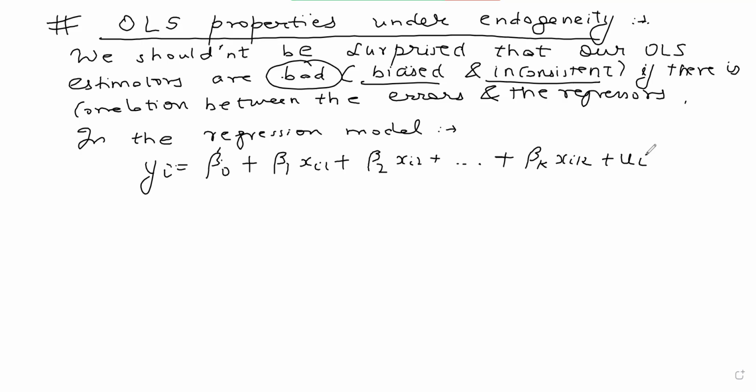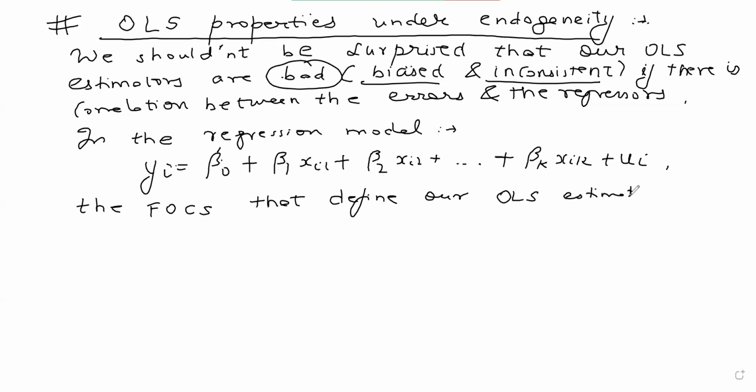So for this particular regression model, the first order conditions that define our OLS estimators are the summation as i goes on from 1 to n. We have done this proof in our lectures in simple linear regression. Summation xij times ui hat is equal to 0 for all j taking values from 0 to k.